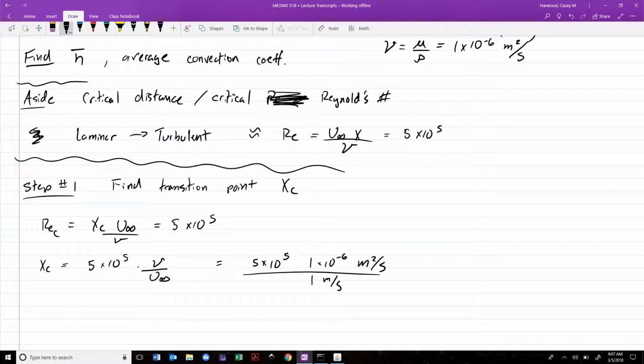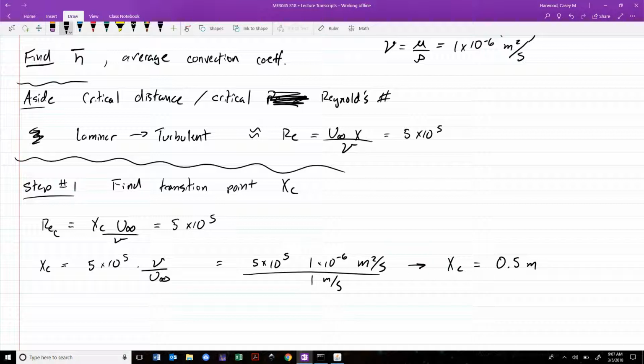So this is pretty easy to evaluate just because everything's either a 1 or a 5. We can cancel out some powers. And what this tells us then is that x sub c is equal to 0.5 meters.